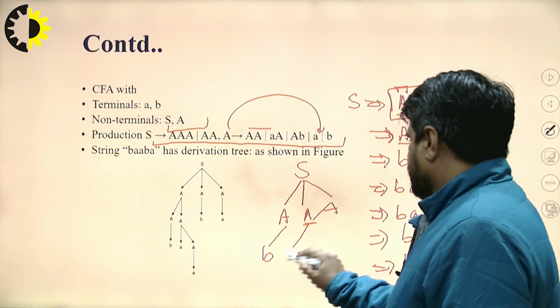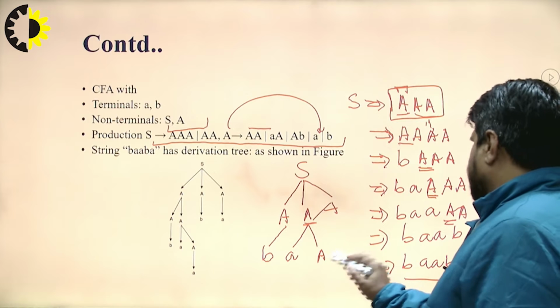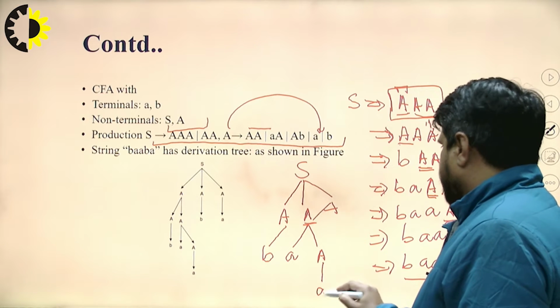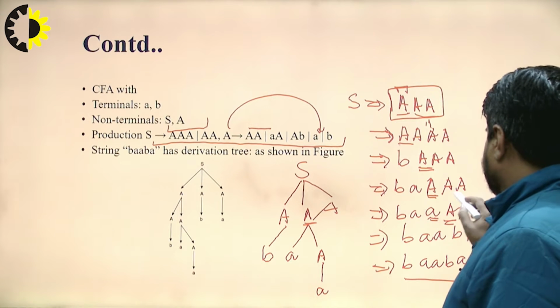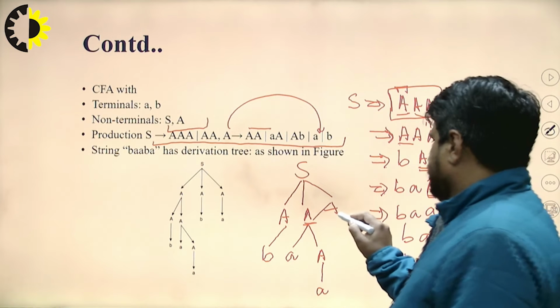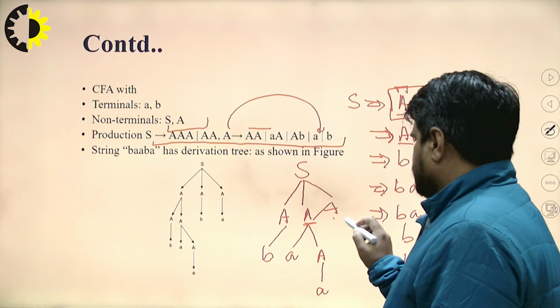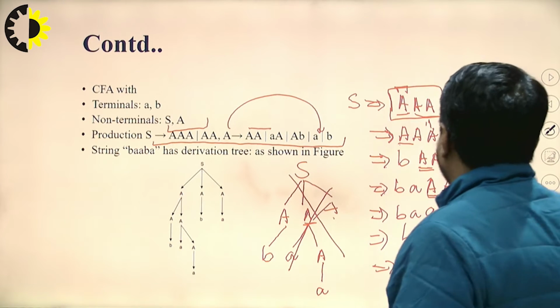So you can write down A and A. Once again, this A gets replaced by A. No, this is not correct. Basically, I will start from here.